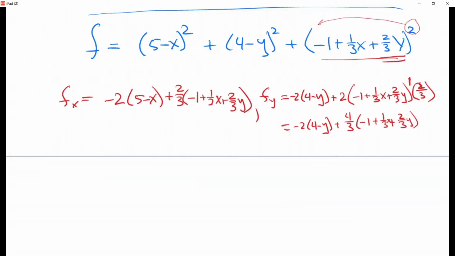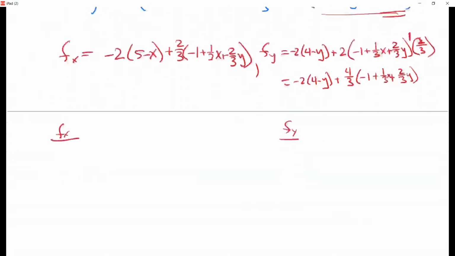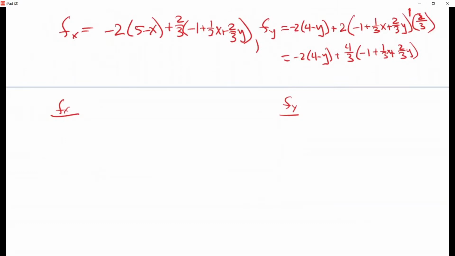All right, well, I see some algebra in my future, but it's not hard algebra. This is two linear equations. They just have these thirds in them. Let me clean this up a little bit. Just give me a sec here. I'm going to write the f sub x over here, and I'll write f sub y over here. So give me a minute. You could do this yourselves.